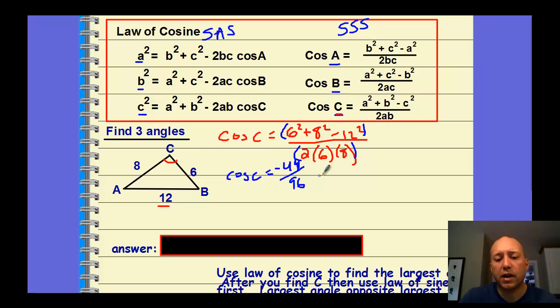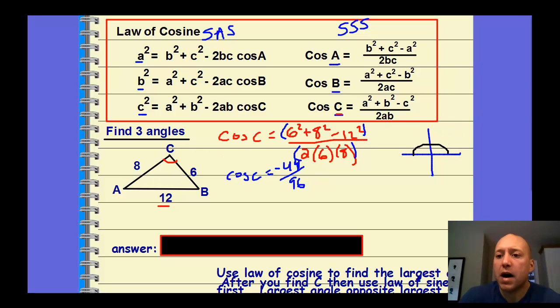An interesting thing about this negative value is that I already know what kind of angle I'm dealing with. If you look at the unit circle for 180 degrees, all of the angles of a triangle have to be between 0 and 180 to make a triangle, because the three angles of a triangle add up to 180, so it can't be anything greater than that.